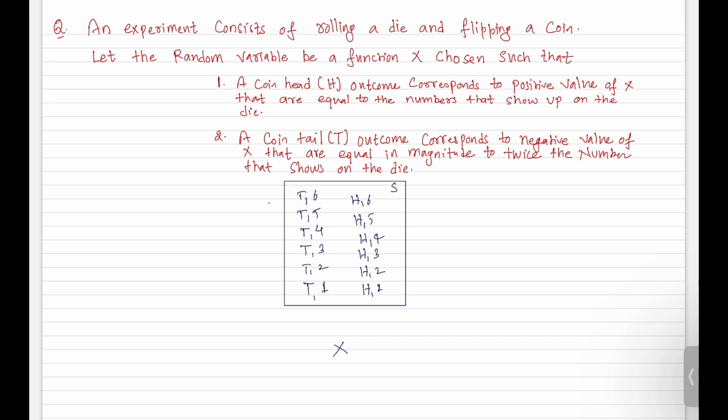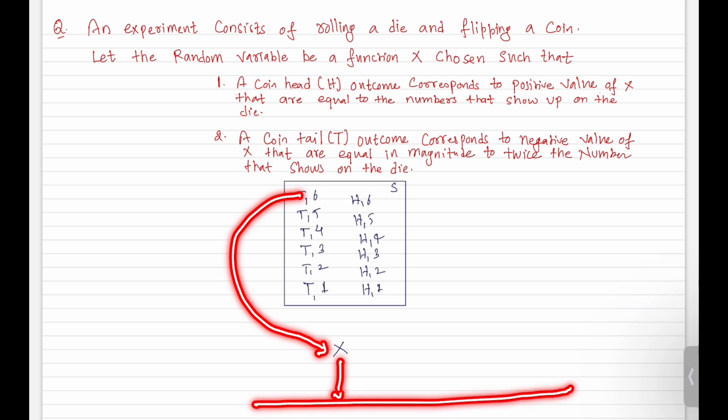And what's the input to this random variable? The input will be the outcome of the experiment. These are the total possible outcomes, so any one of them could be input to this random variable X. It will go inside and produce some output that maps onto the real line.